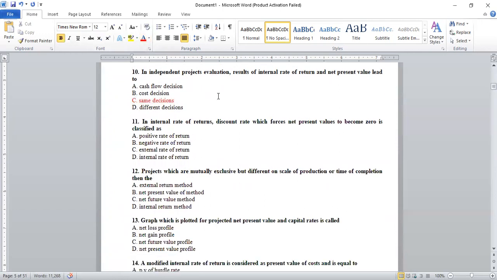When we use either internal rate of return or net present value, we take the same decision by considering the project with a positive answer.